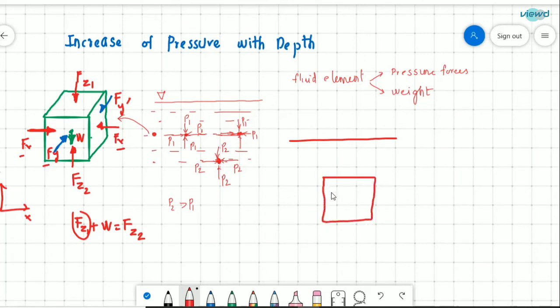If you consider this in 2D, the pressure force acting on the top side is P1, and there will be an increase in pressure on the sides as the depth increases.